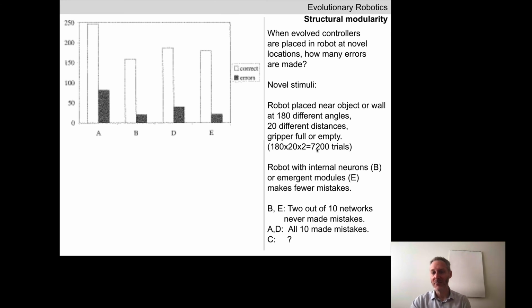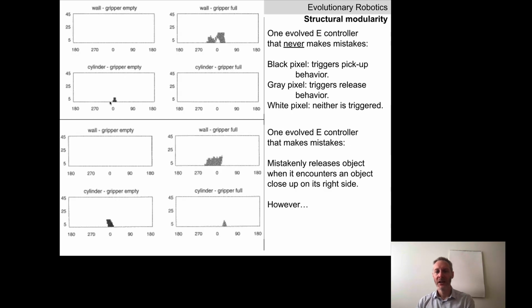So in each of these 7,000 trials, we knew exactly what the robot should be doing, and they just labeled each of those trials with a binary value. 0, it did the right thing. 1, it did the wrong thing. I don't know why, but for some reason they did not report the results of network C. I don't know why that happened. But anyways, most of the time the robot did the correct thing, and in a few cases the robot did the wrong thing.